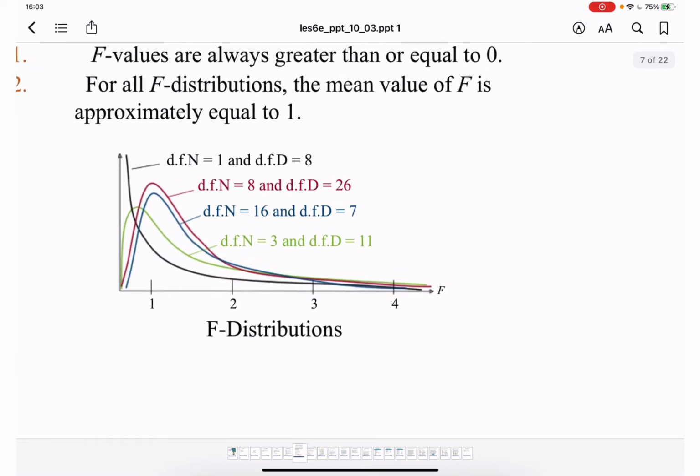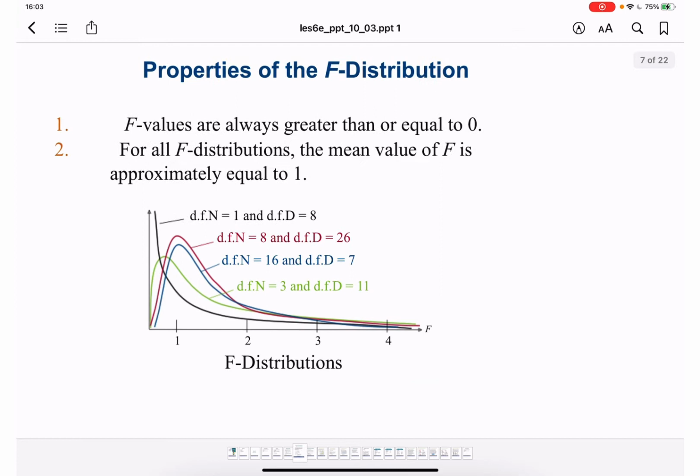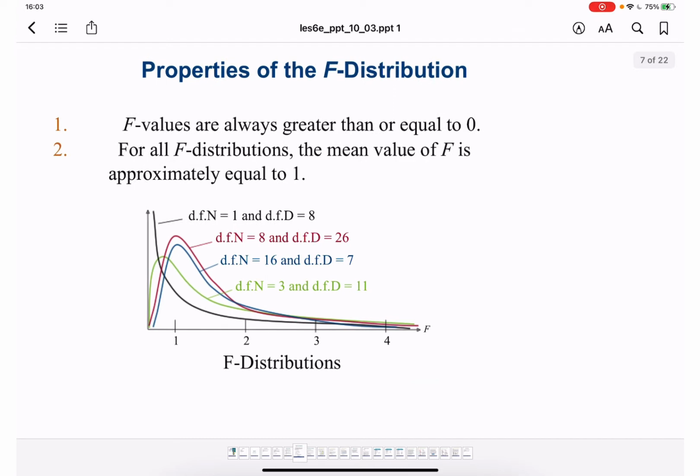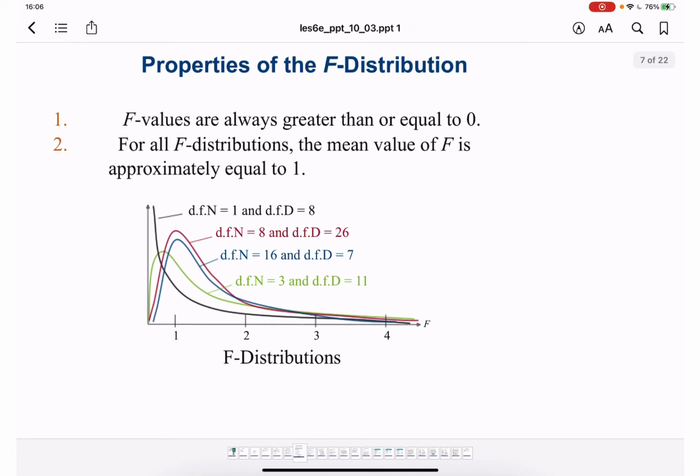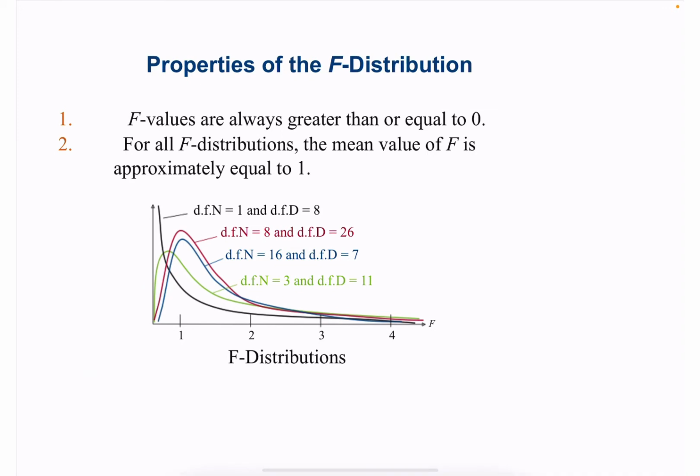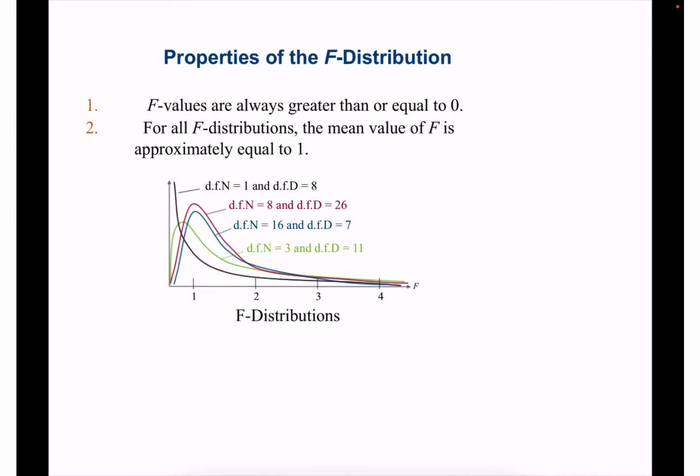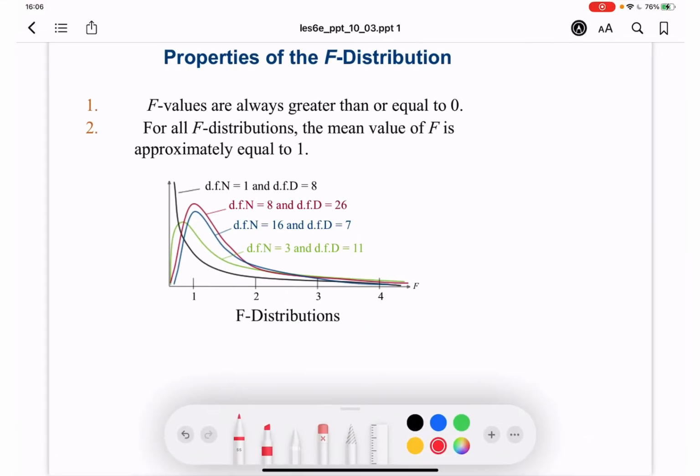Here the graph is showing the properties of the F distribution. F values are always greater than or equal to 0, between 0 and positive infinity.